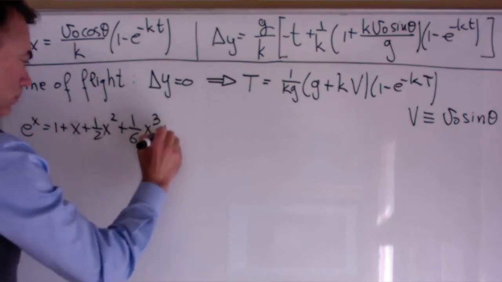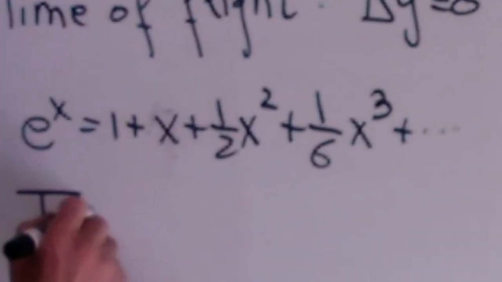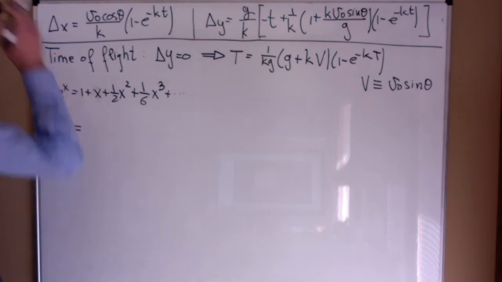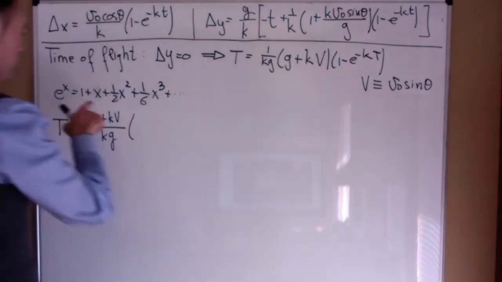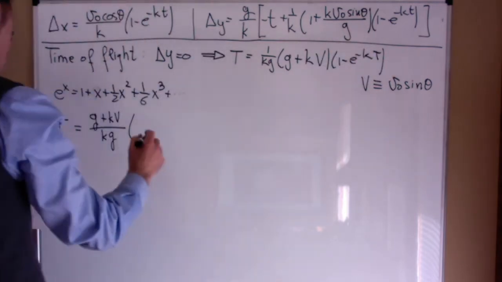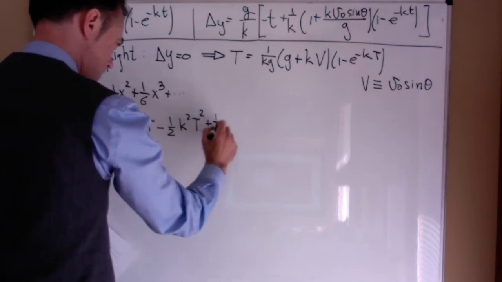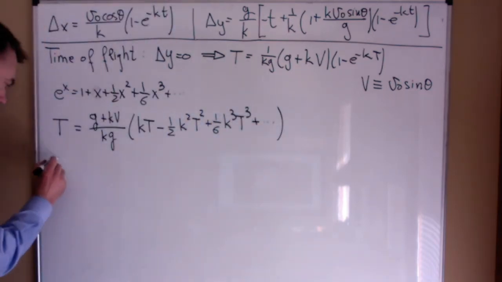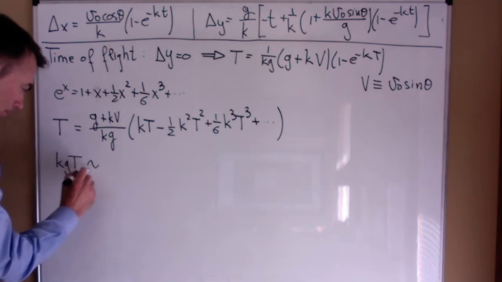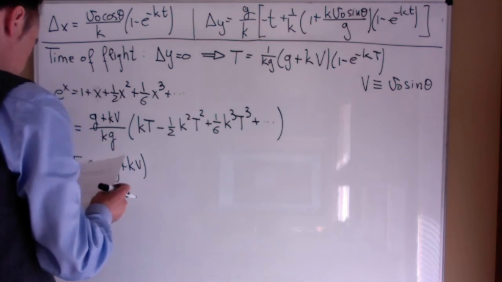For the series expansion of the exponential function, we have this. Because I'm considering a small k parameter, I'm going to truncate the function at terms of k cubed.